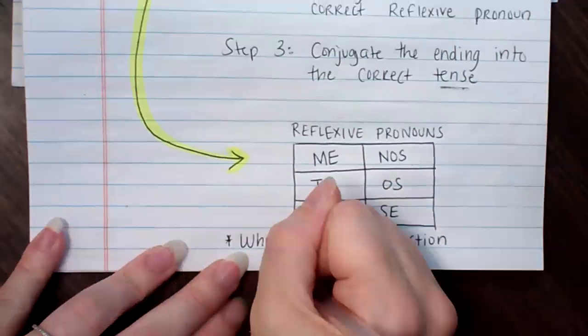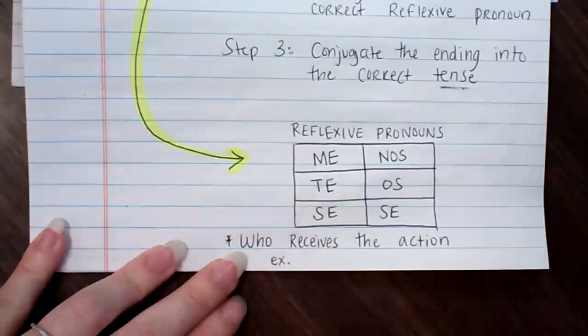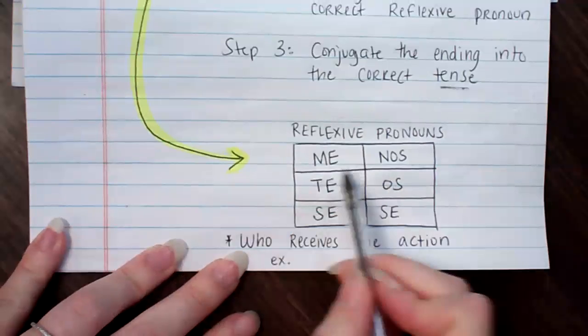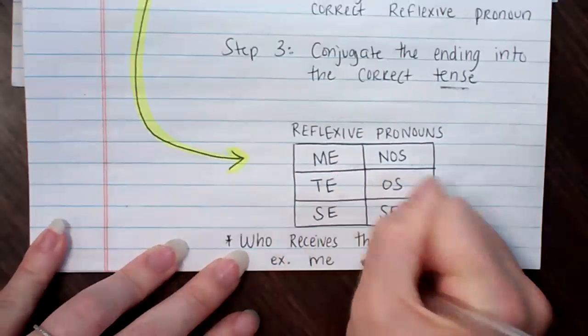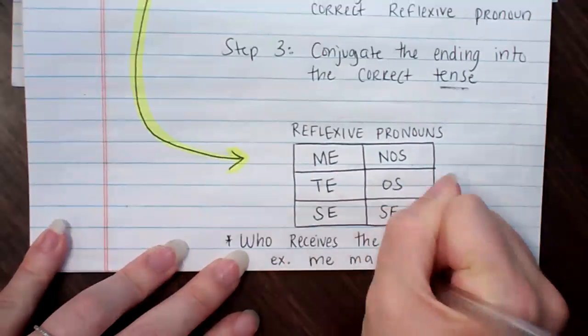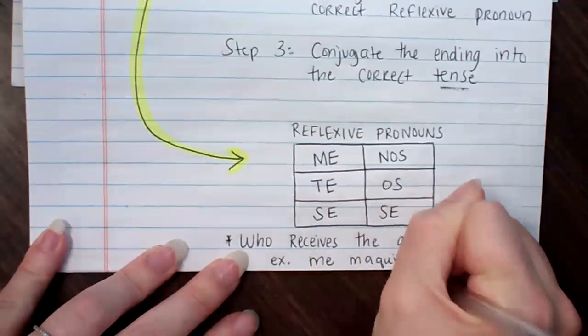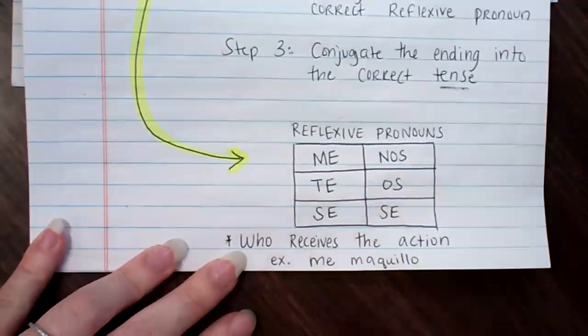So if I wanted to say, I put makeup on myself because I'm receiving the action, I'd say me maquillo. Me maquillo. I put makeup on myself.